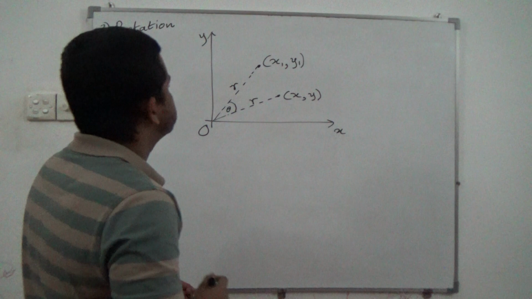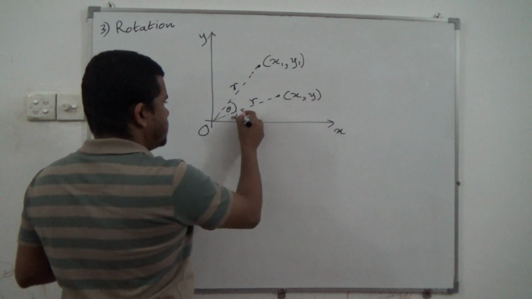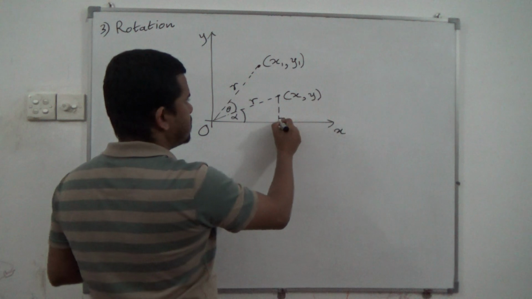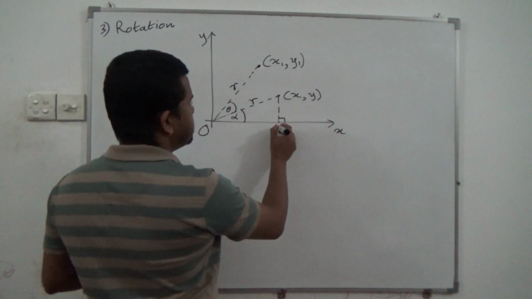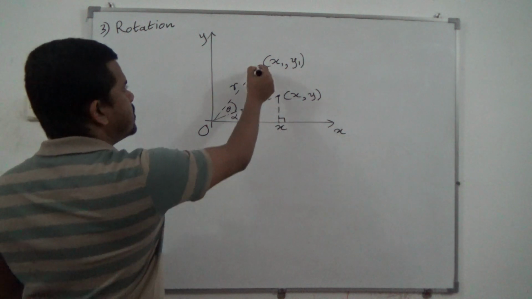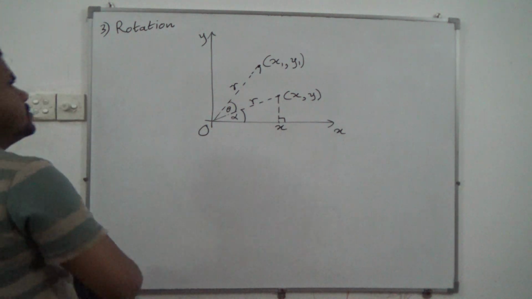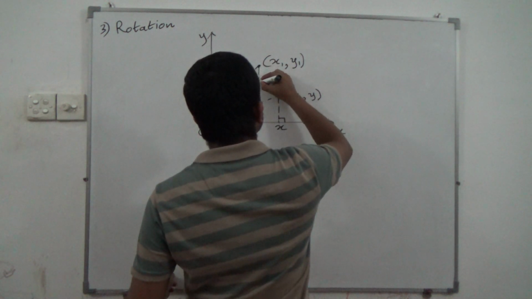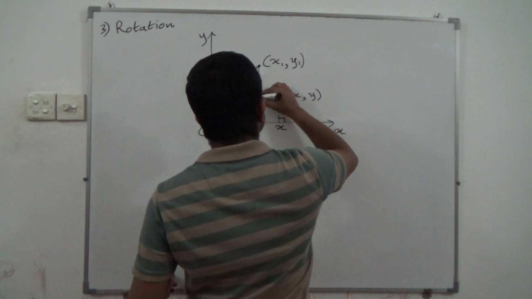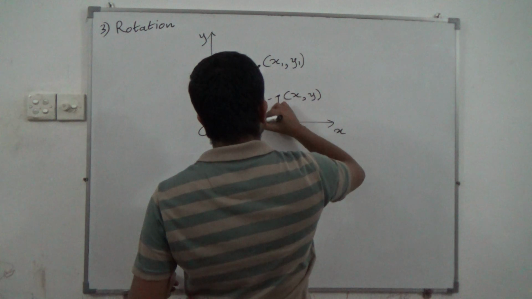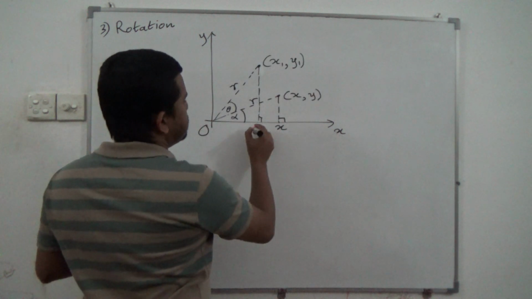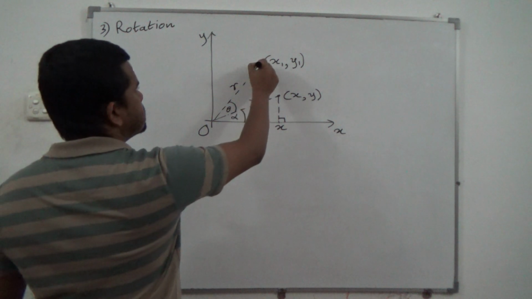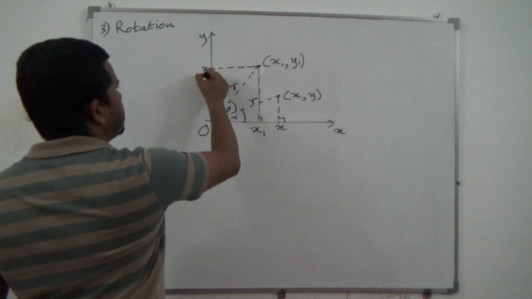Now let's take this angle as alpha. So here we get this value is x, this value x1, this value y1.